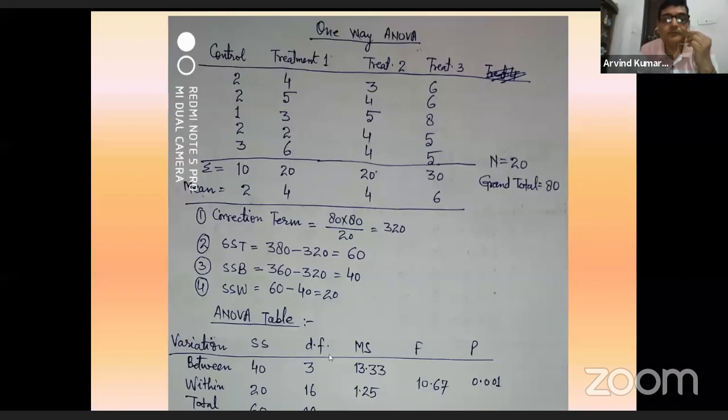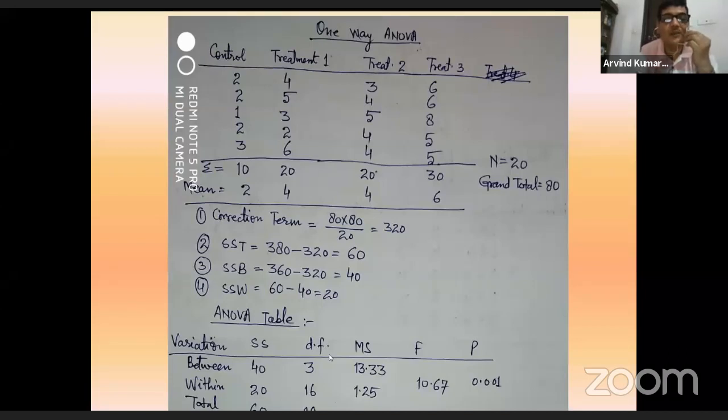In the post-hoc test, we will be able to know which pairs show significant difference. Like in the case of control, the mean value is 2. In case of treatment 1, the mean value is 4. So we do not know which of the mean values are different from each other.